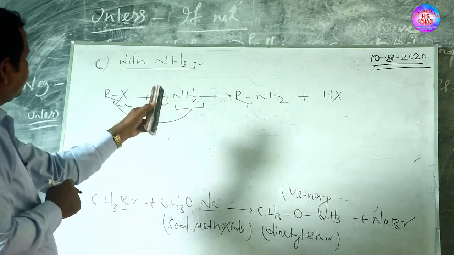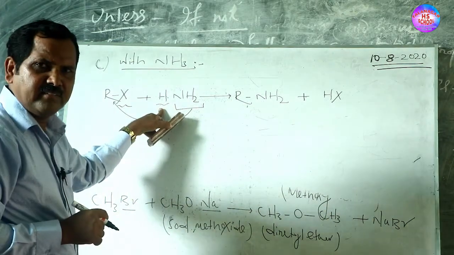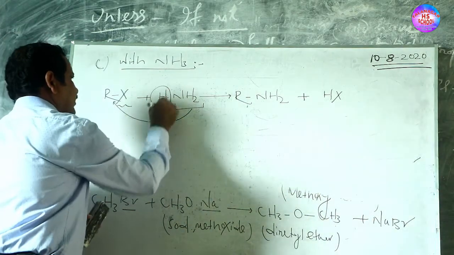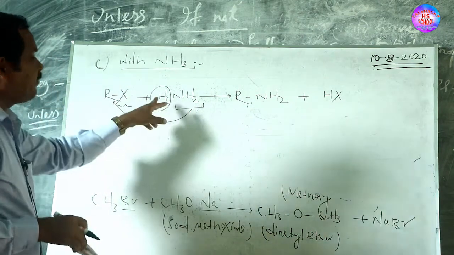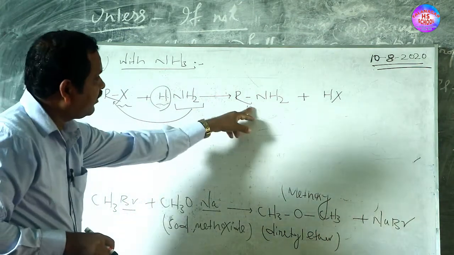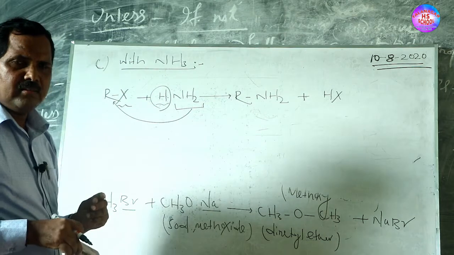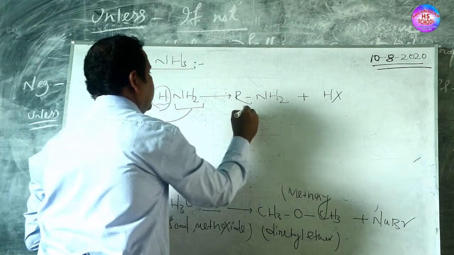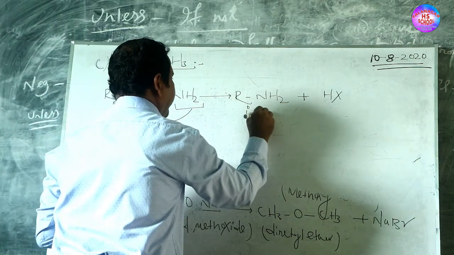In RNH2, one atom of hydrogen is replaced by the alkyl group. So it is called primary amine. This amine is primary amine.